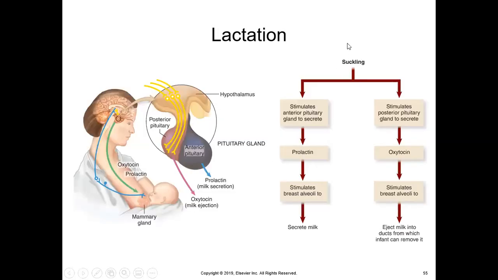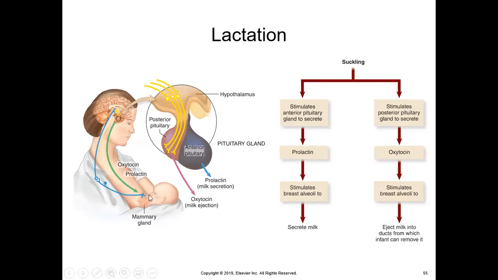Sucking at the nipples stimulates the anterior pituitary to secrete prolactin. The prolactin stimulates the alveoli to secrete milk. It also stimulates the posterior pituitary to secrete oxytocin. Oxytocin stimulates the breast alveoli to eject the milk into ducts where the baby can remove it.